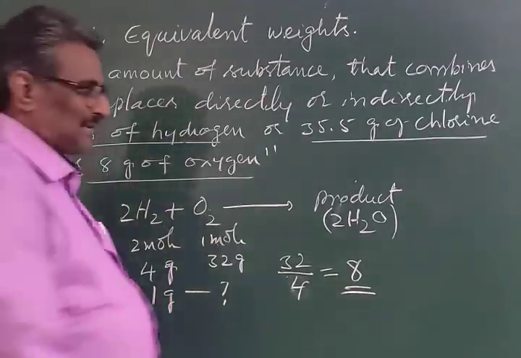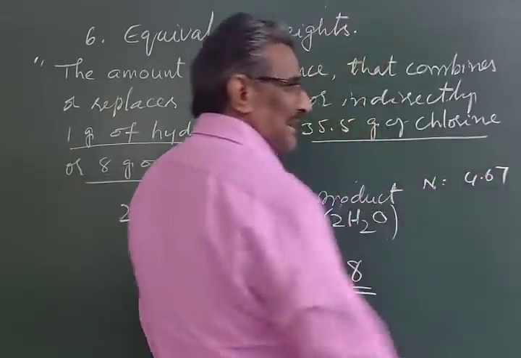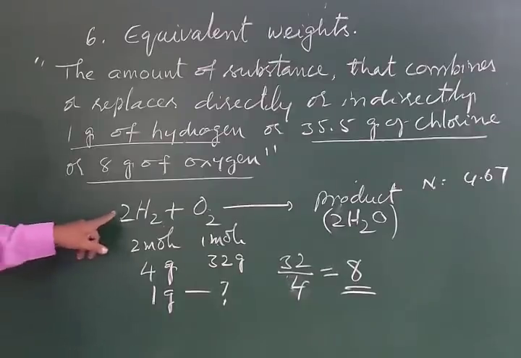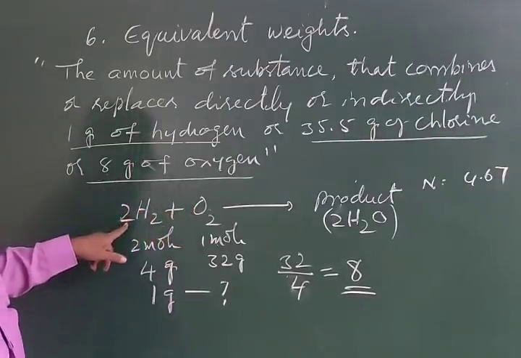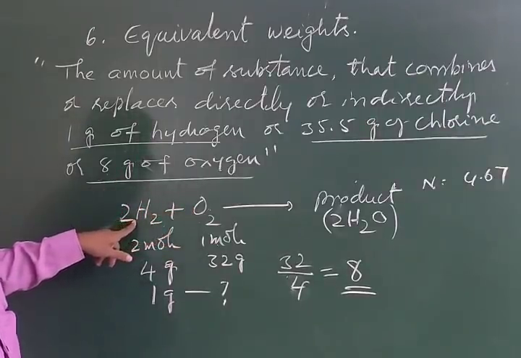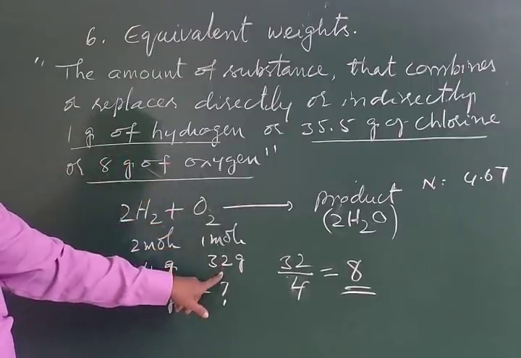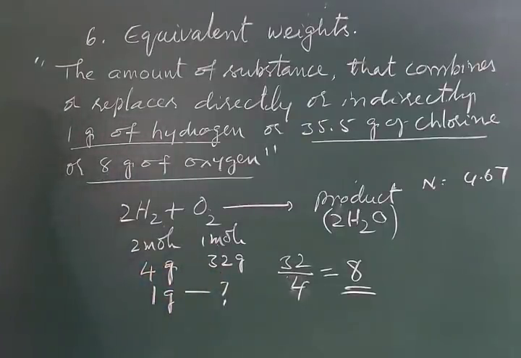We already observed earlier that 4.67 grams of nitrogen is equivalent to 1 gram of hydrogen. In the same way, in the formation of the product of hydrogen and oxygen, how much oxygen combines? 32 grams of oxygen can combine with 4 grams of hydrogen.